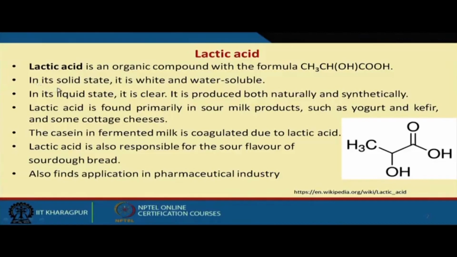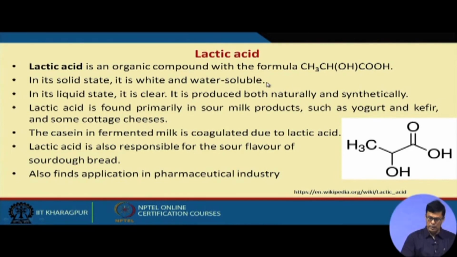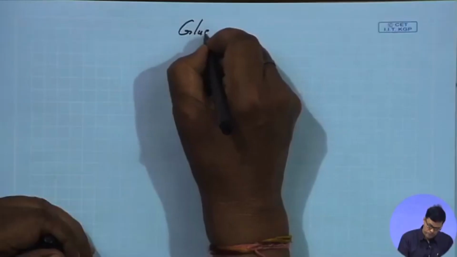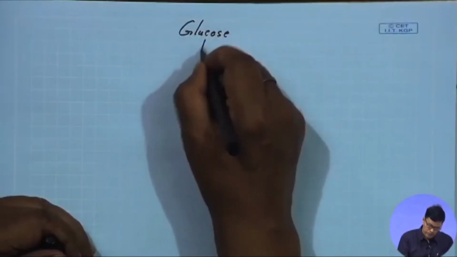So it's a solid state, it's white and water soluble. Usually it is, because we know the Embden-Meyerhof pathway. In the Embden-Meyerhof pathway, glucose is converted to pyruvic acid.